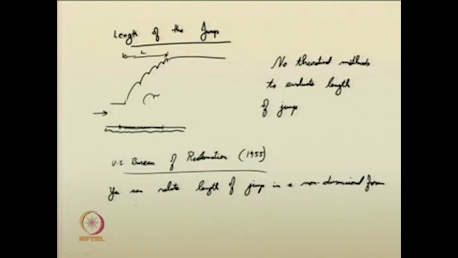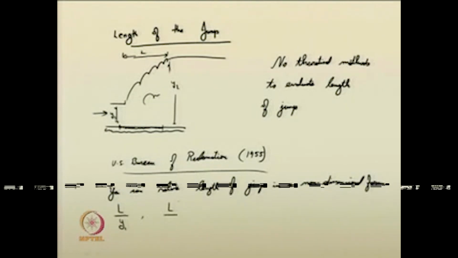Say, for example, if you have this length of the jump, that can be made into a non-dimensional form by various criteria. You can either use L by y 1, that is length by the pre-jump depth, or you can take another ratio, L by y 2, length by post-jump depth.